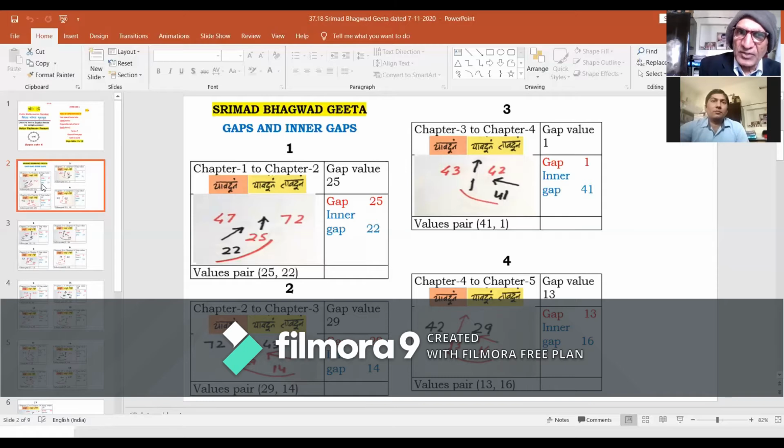We subtract 25, reach 47, and we have further subtraction of 25, we reach 22. This values pair 25 and 22 is designated as the difference value, the gap value and inner gap value.